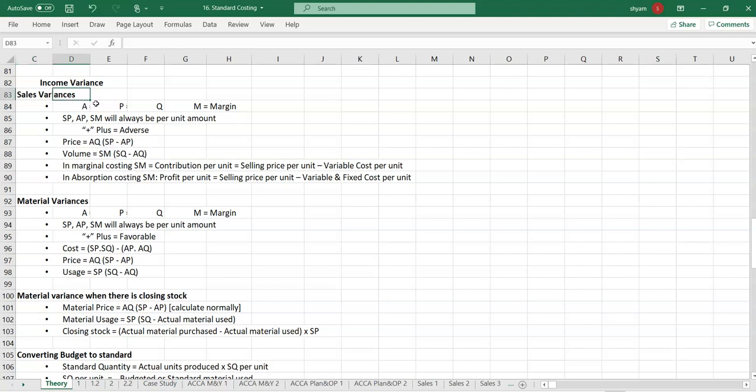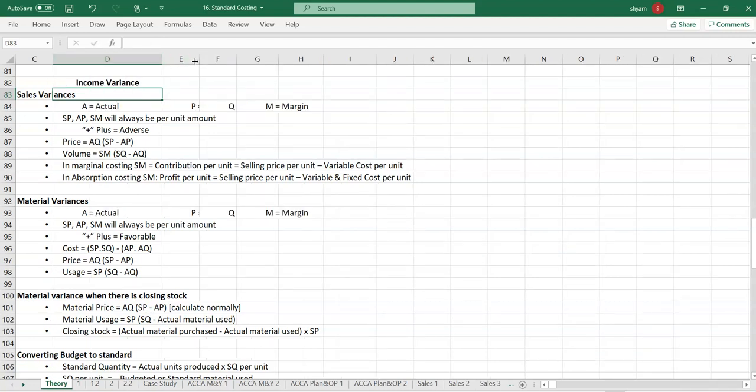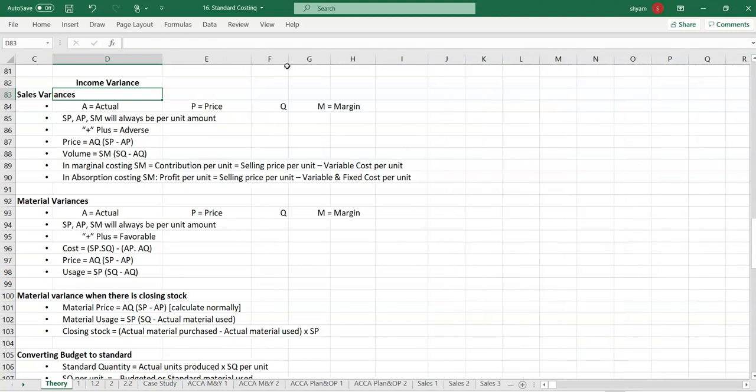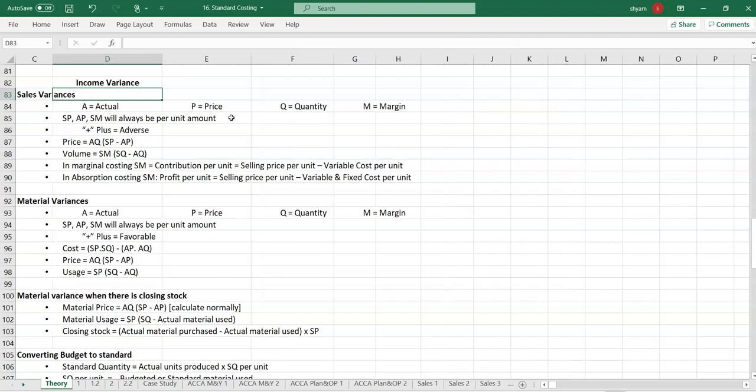Once you have that idea, it becomes quite easy. And the volume variance is SM into SQ minus AQ.